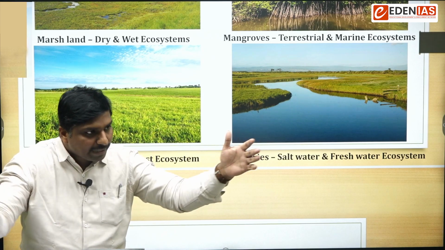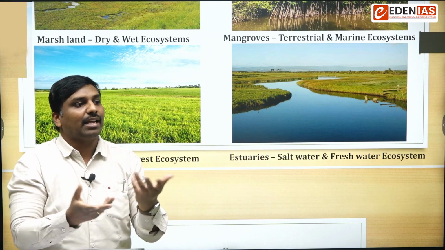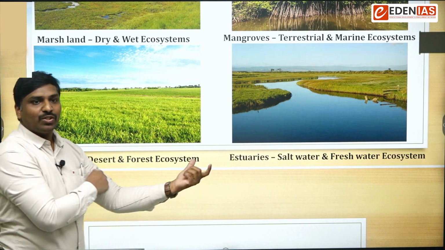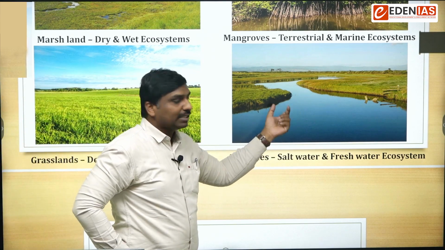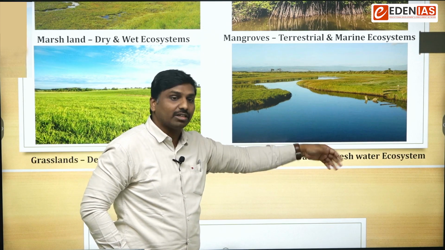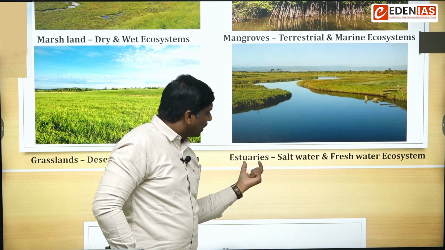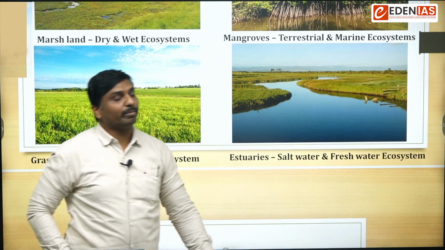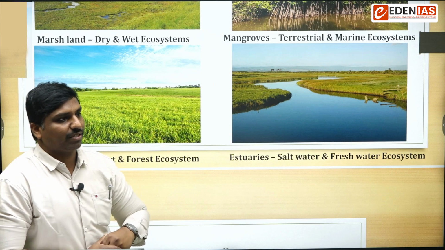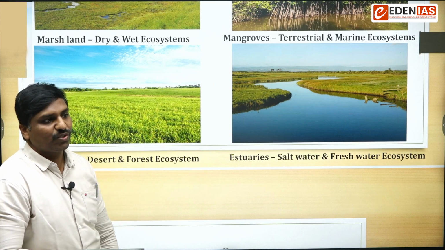But the place where these two meet, at that place we can have an ecotone. So that is grassland. Is that clear? Then estuaries, the place where the river water meets the ocean. So estuary is an ecotone between freshwater ecosystem and the marine or salt water ecosystem. So remember that one.